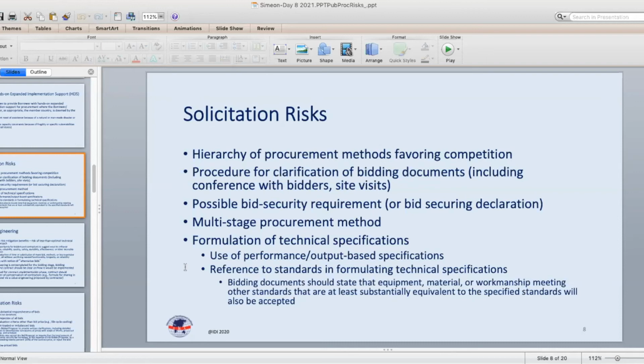Now, another dimension of the solicitation risk is that, even if sufficient publicity is given to the procurement proceeding, there nevertheless may be a risk of inadequate rates of participation, particularly by the types of bidders that a country, as a matter of policy, would want to encourage: local bidders, small businesses.